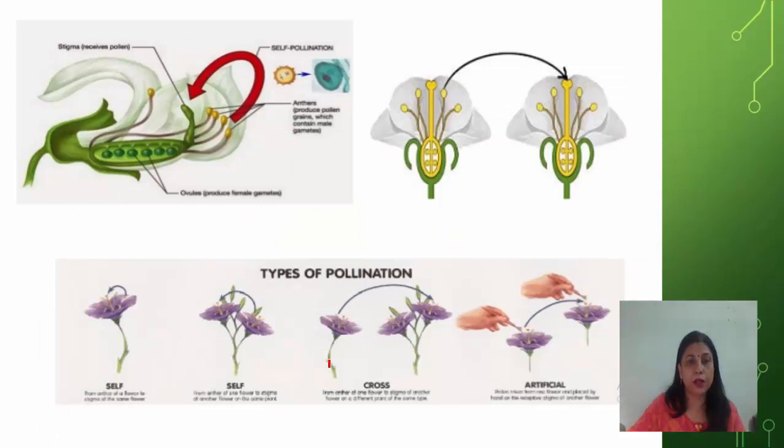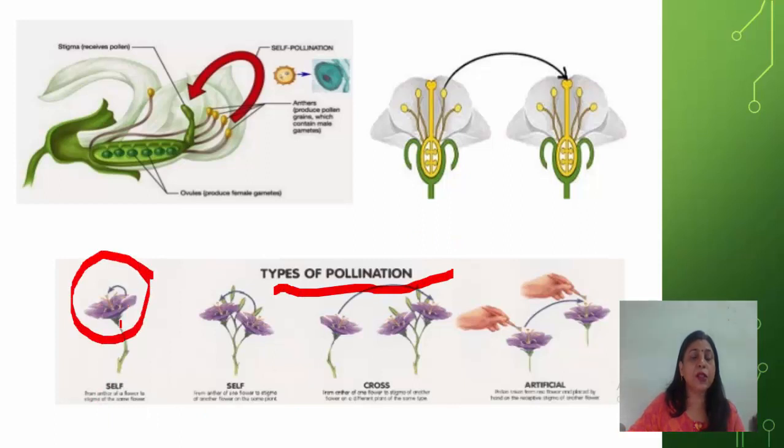You can see the types of pollination. Self-pollination, in which this is a bisexual flower. The pollen grains are transferred to the stigma of the same flower. This is also self-pollination. The plant is the same but the flowers are different. This is cross-pollination.